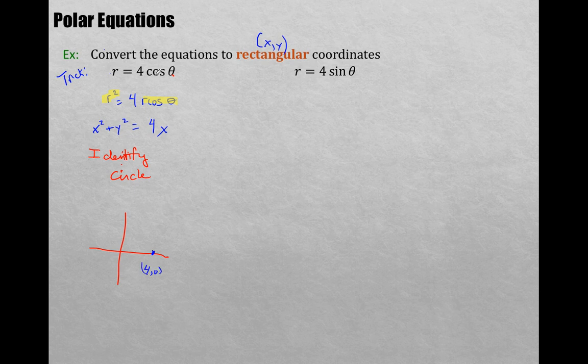Right? The radius is 4 times cosine of 0. Well, that's 4. So from the pole, there I am at 4. Now I'm going to start to rotate. Oh dear, that's a terrible circle.